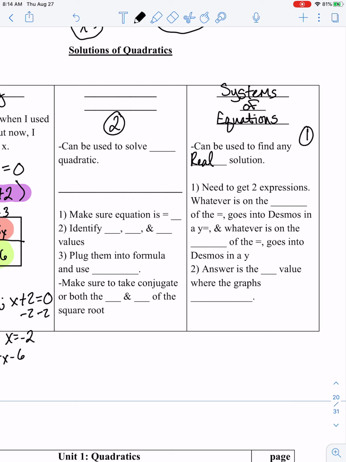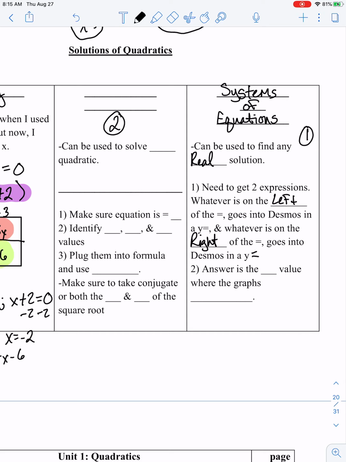In order to do systems of equations, first thing we need to do is get two expressions. Whatever is on the left side of the equal sign goes into Desmos as a y equals. And whatever's on the right side of the equal sign goes into Desmos as a y equals as well.